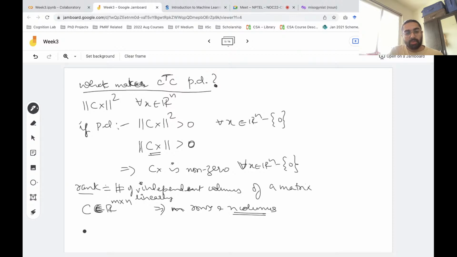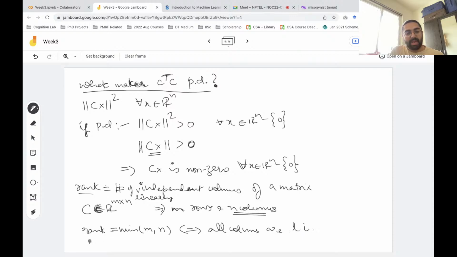Okay, so if the rank of C is equal to the minimum of m comma n, then I can say that all columns are linearly independent.